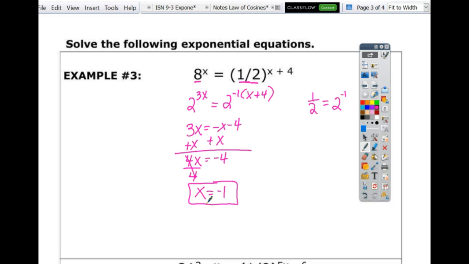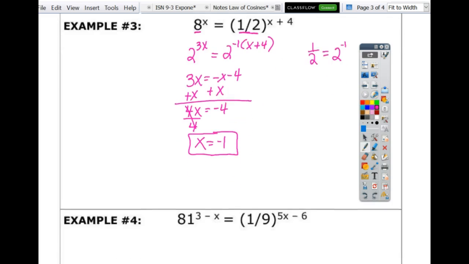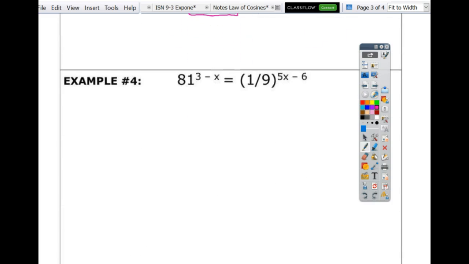Okay, I think is there just one more? Yes. Okay. So I have 81 and 1/9. So which number am I going to use to make common bases? 3. So 81 is 3 to the what? 3 to the 4th. And now I have 9. So this is what I have. I want 1/9, and I want to write it as a 3. So 9 is 3 to the second, but I want it in the bottom, so it's -2.